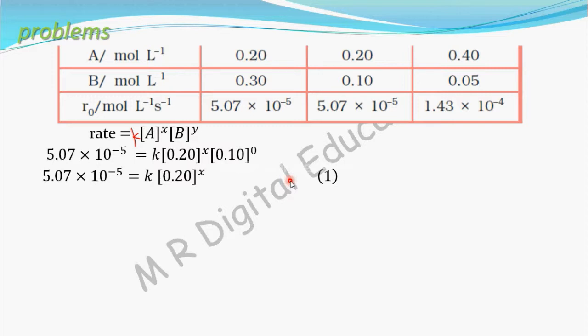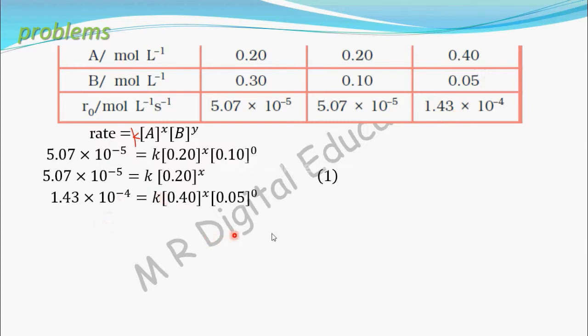Now see, there are two unknowns, k and x, so you can't solve using only one equation. You need one more equation. So take one more experiment. I have taken this experiment. Fill in the rate as 1.43 into 10 to the power minus 4.